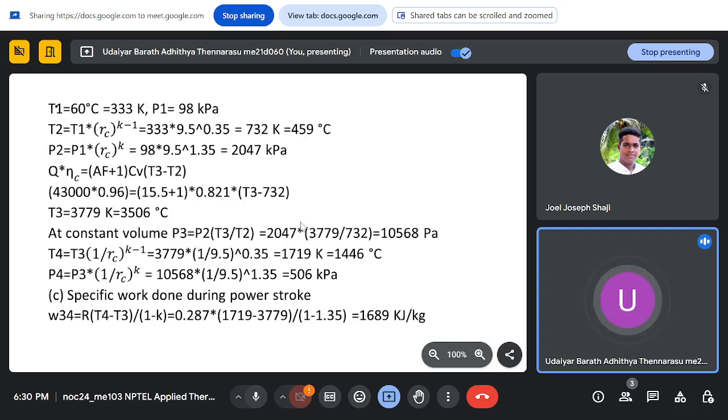We also know that it is a reversible adiabatic process, so PV raised to power gamma equals constant. If you substitute the ideal gas equation, you can write it in terms of temperature and volume. So T2 by T1 will become V1 by V2 raised to power gamma minus 1, and V1 by V2 is nothing but the compression ratio.